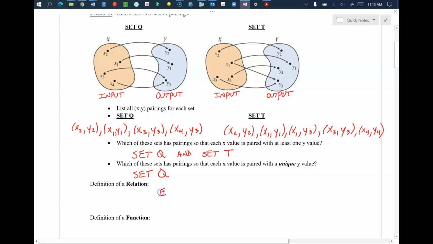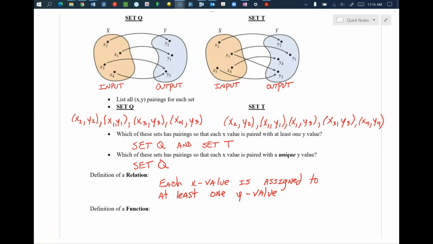each X value is assigned to at least one Y value. We call that a relation.